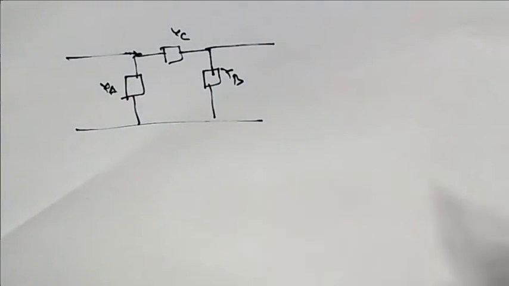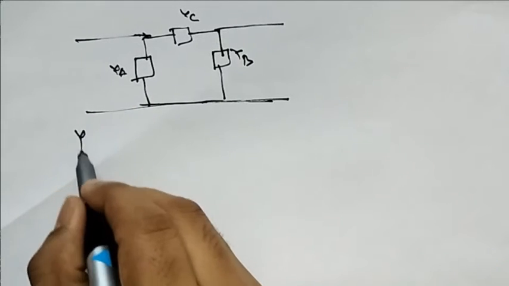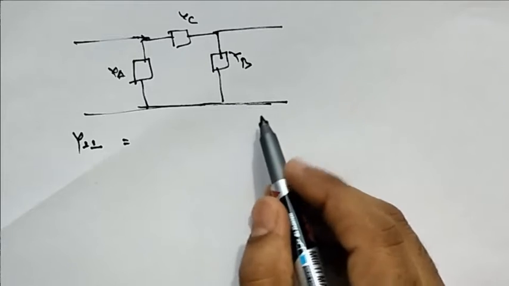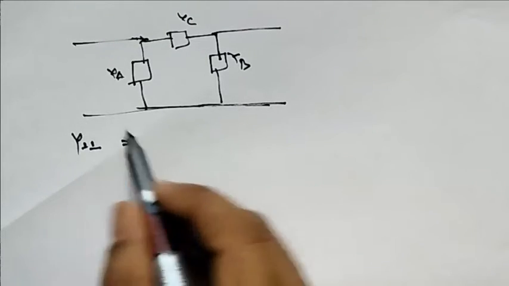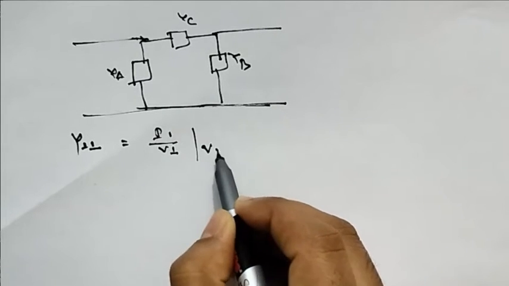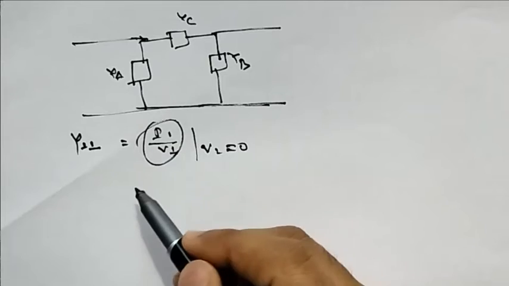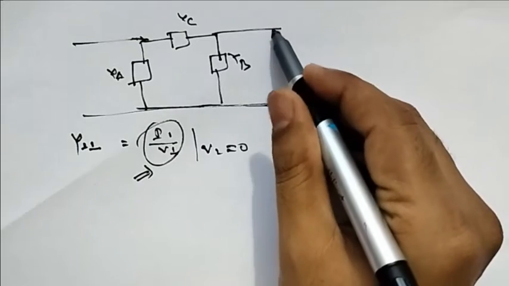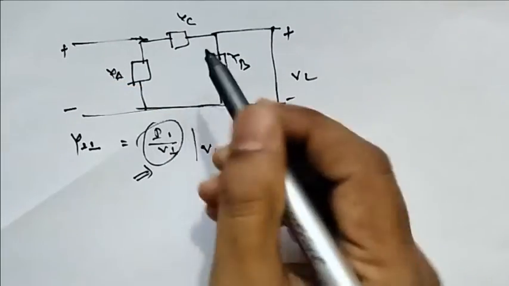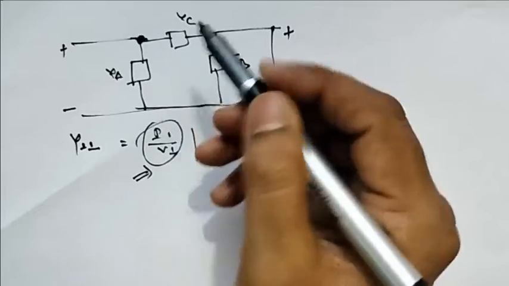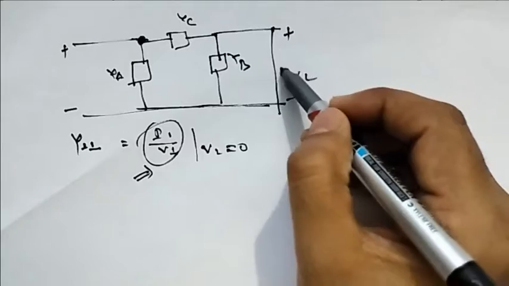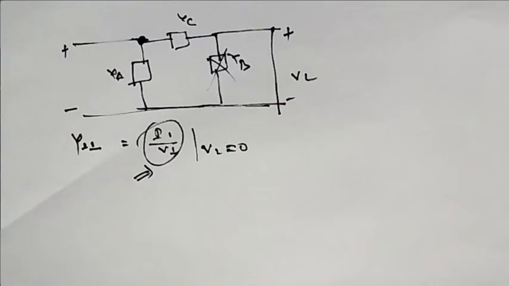Now if you want to calculate y11, how are we going to calculate? Y11 was I1 by V1 keeping V2 equal to 0, means calculating the one port admittance. If I keep V2 equal to 0, this is your V2 and this is your V1. We need to calculate I1 by V1. If I short circuit this, then this will go away.